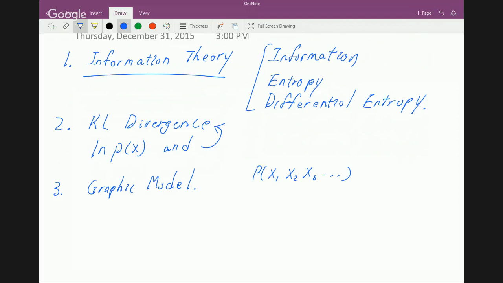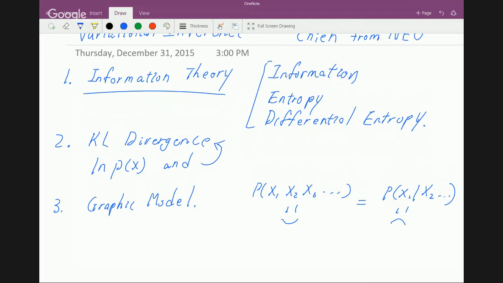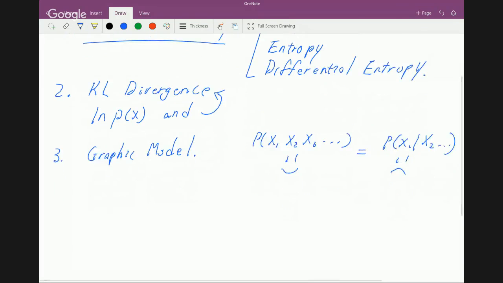However, it is difficult to get the conditional. And for this reason, variational inference is very useful.